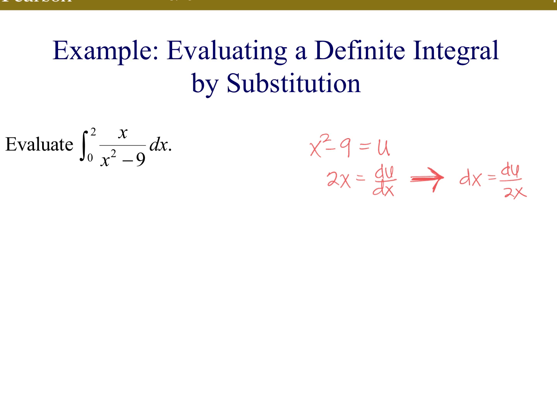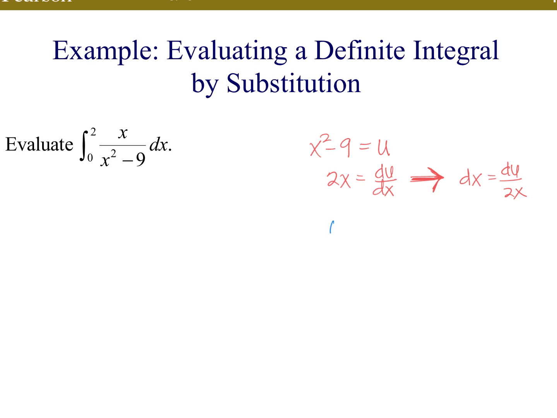Either you convert your bounds now, and then you're in the home stretch, you don't have to ever go back to any other variable, or you don't convert your bounds now, but you have to remember to change u back to x, and then work with the original bounds. It's less work to change your bounds at the beginning because it makes the math easier, but it's not wrong if you forget to change your bounds as long as you remember to change the u back to the x term. So I usually change my bounds.